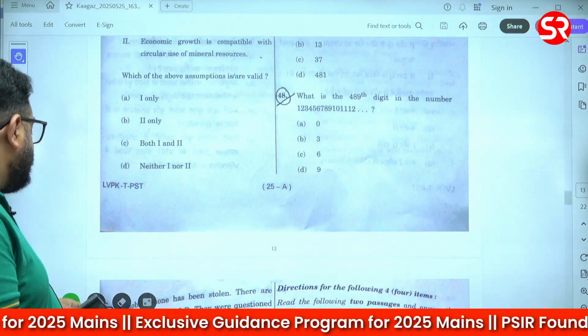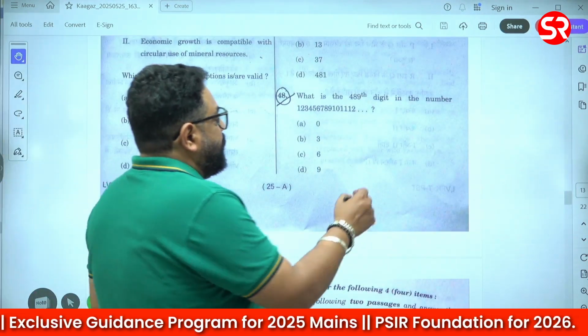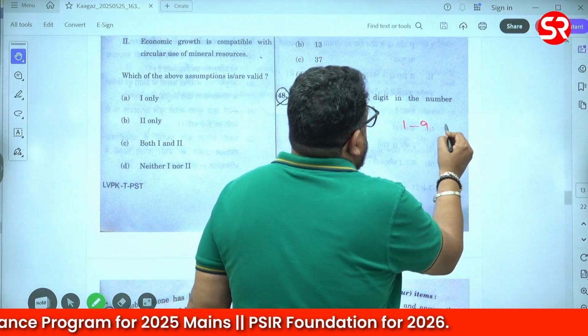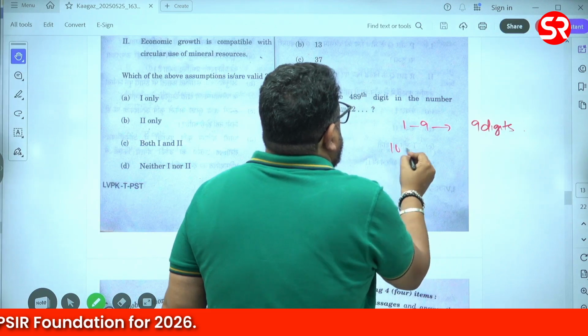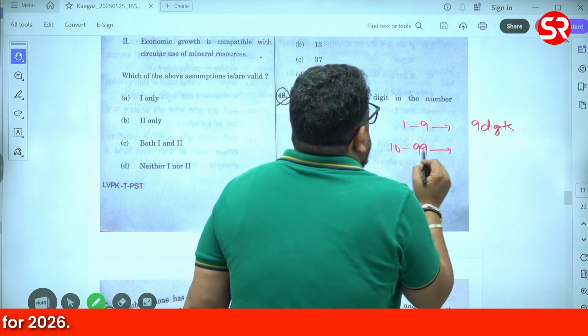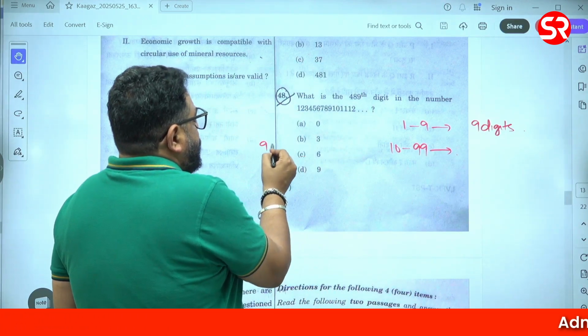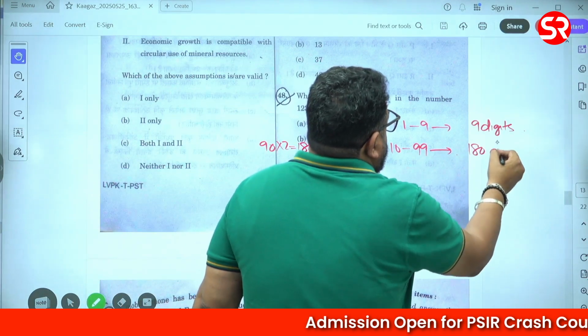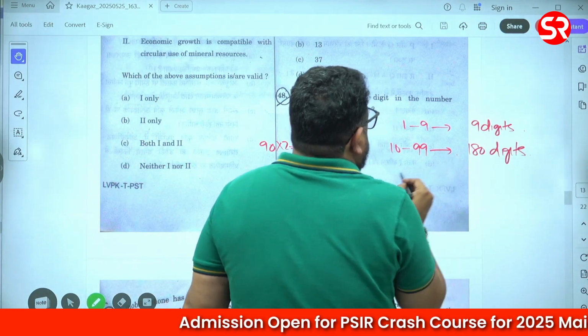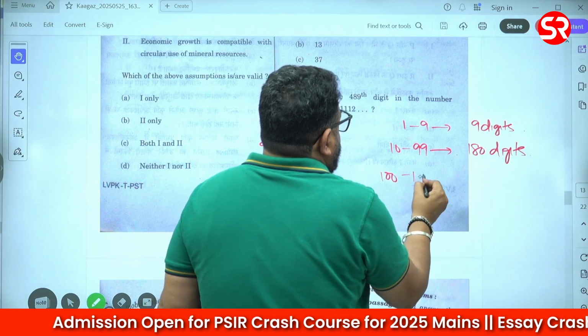Yeah, this is something we have done in the classrooms, the number system. 1 to 9, 9 digits. 10 to 99. There are 90 two-digit numbers into 2, so 180 digits. I sincerely believe most of you should have done this. And 100 to 199.